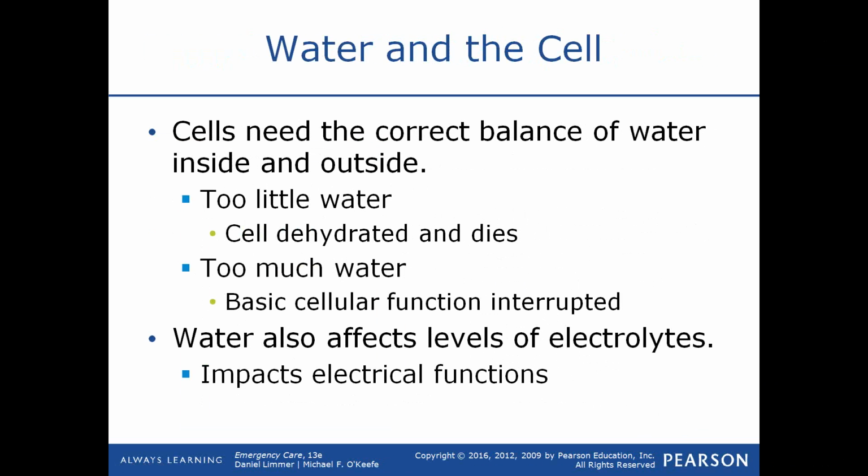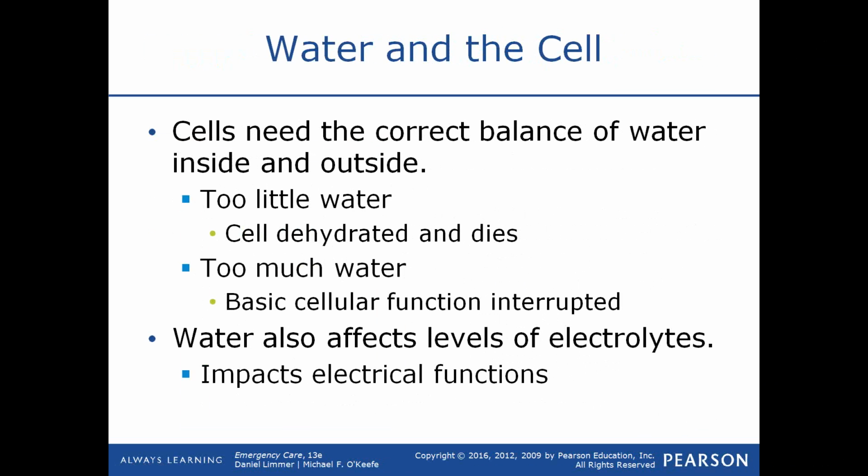Cells need also a correct balance of water, both inside the cell itself as well as outside. If the cell has too little water inside, it becomes dehydrated and dies. If the cell has too much water inside, the basic function of the cell is interrupted.